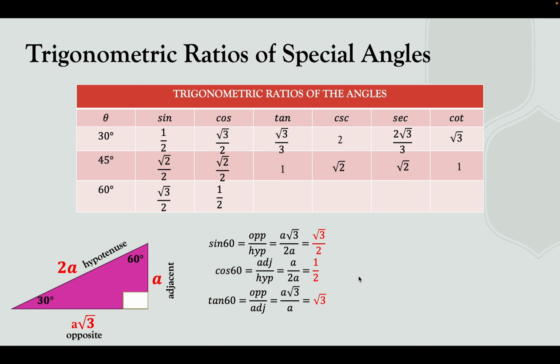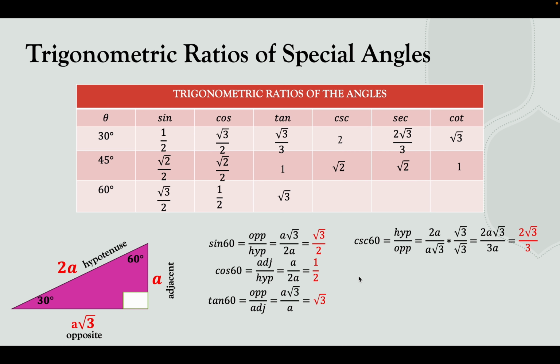And then tan 60, we have opposite over adjacent, which equals a square root of 3 over a. Simplify, we have square root of 3. Next, we have cosecant 60. We have hypotenuse over opposite, or 2a over a square root of 3.